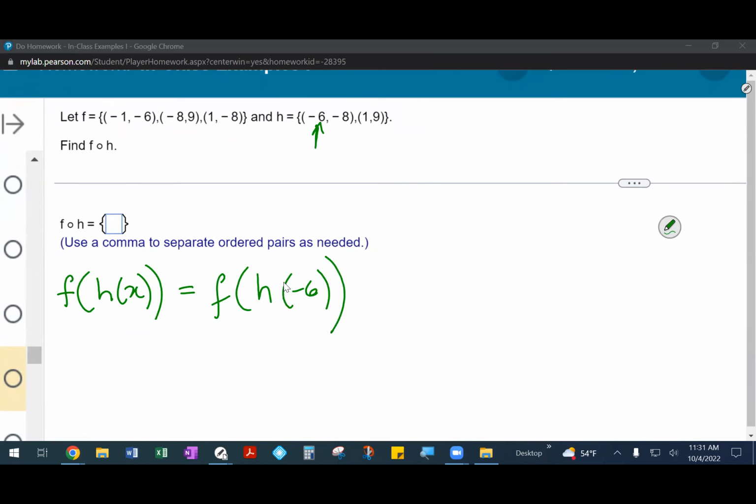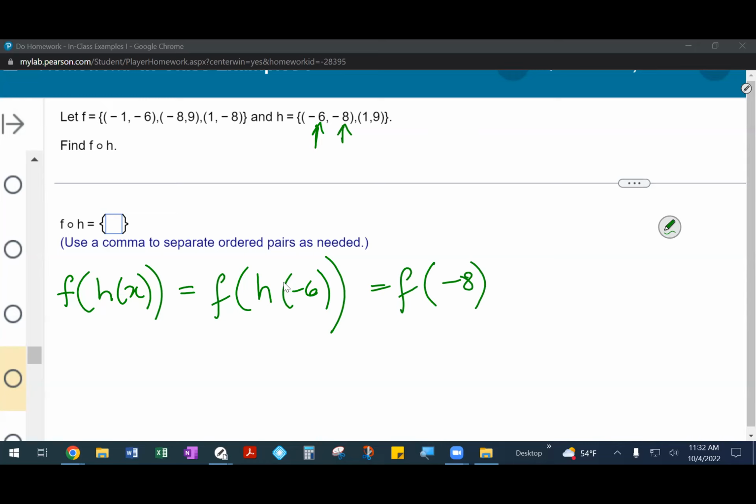So h of -6, which means you're trying to find the y coordinate for the x, right? So what is h of -6 going to give us? Yeah, very good. The y value that goes with it, -8. Now you look at the f function and try to find the ordered pair with -8. So what will that give us? 9.